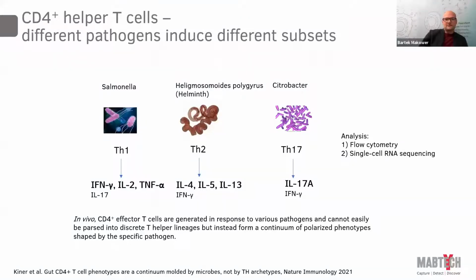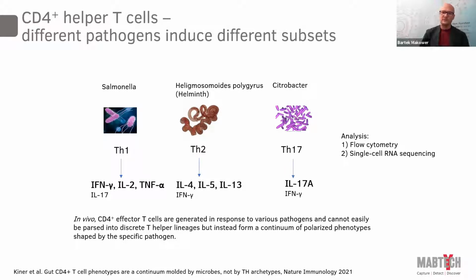So CD4 helper T cells, as I said, different pathogens induce different subsets. In this experiment in mice, they infected with 3 different pathogens, which gave Th1, Th2, Th17 response. So the dogma says that these are really discrete populations of cells. So the interesting thing with this quite recent paper is that they use 2 methods.